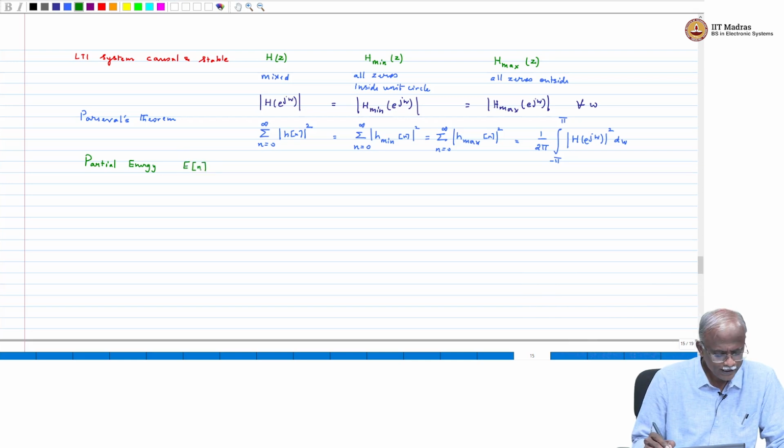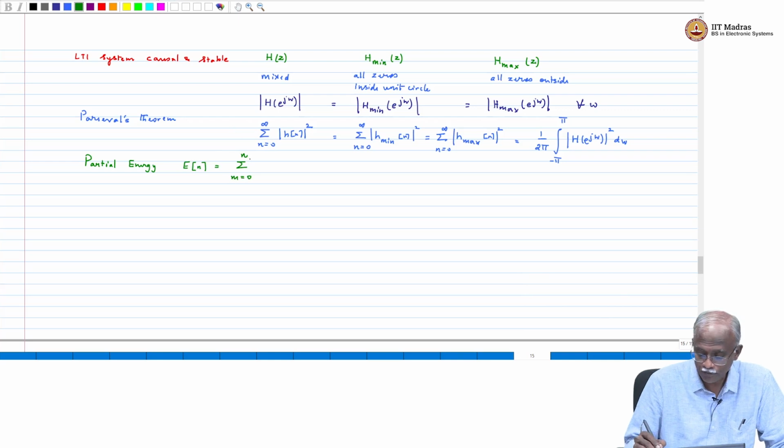E stands for energy, and n is the first n plus 1 terms: summation m equal to 0 through n, not up to infinity, only up to index n, magnitude of h of m squared.